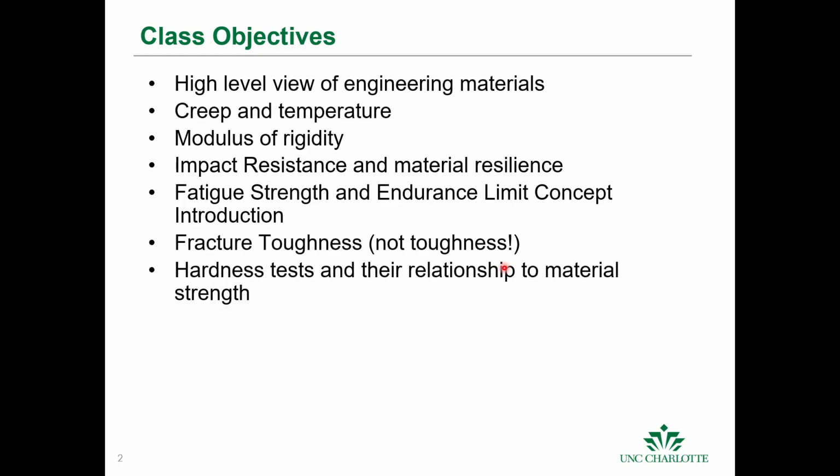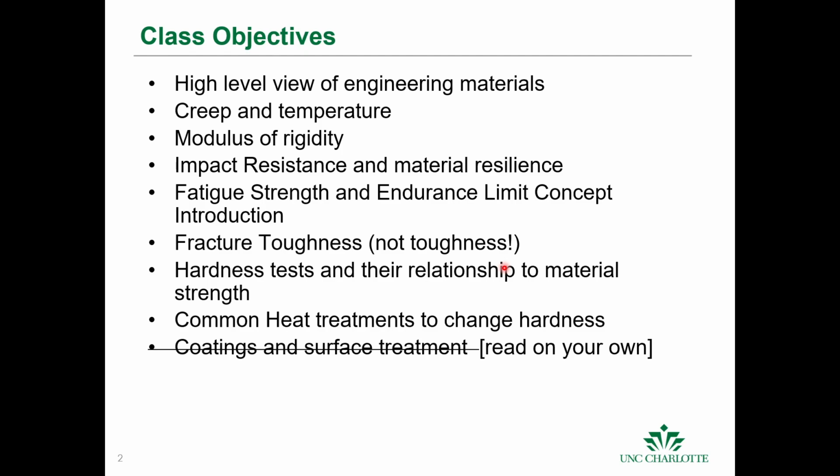Then we'll talk about hardness tests, their relationship to material strength, and how we interpret hardness tests and convert them. I'll show you a table to go from one to the other. And we'll talk about some common heat treatment processes that are used for steels, which is used ubiquitously in engineering design.